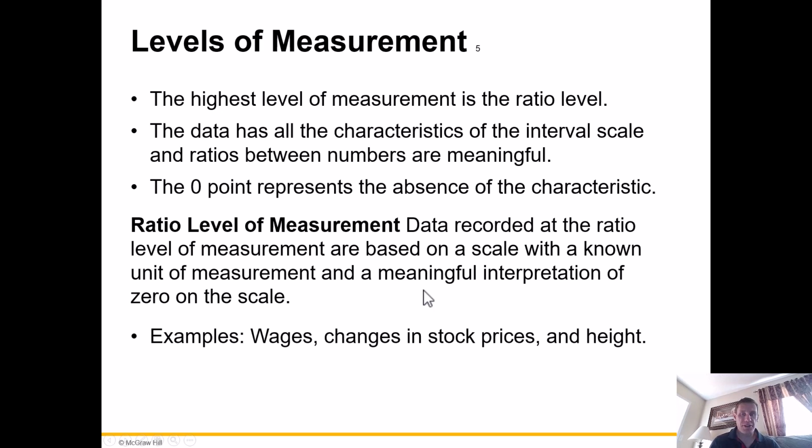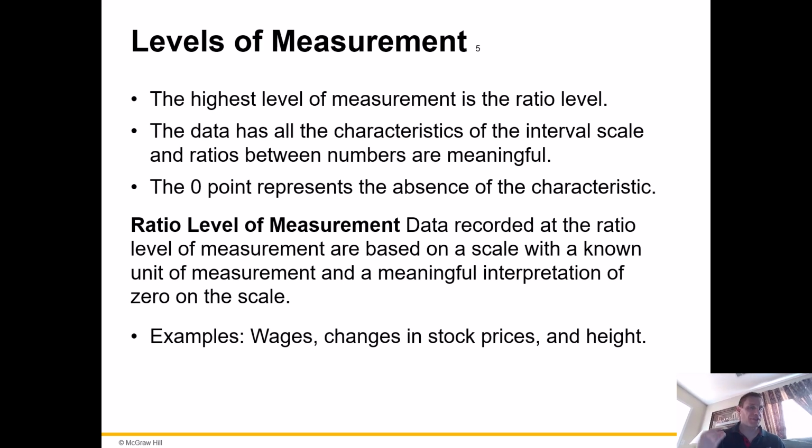Now, the highest level of measurement is what we call the ratio level. None of these are complicated, right? But this is the most complicated, if you will, in air quotes. The data has all the characteristics of the interval scale, and ratios between numbers are meaningful. The 0 point represents the absence of a characteristic. Data recorded at the ratio level are based on a scale with a known unit of measurement and a meaningful interpretation of 0 on the scale. For example, wages.